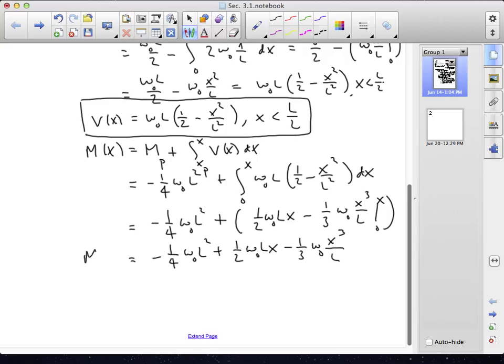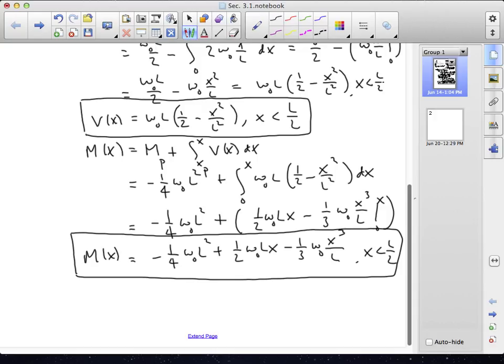That looks like this for x less than L over 2. If we compare those expressions with what we had with the equilibrium approach, we'll see that they're identical.